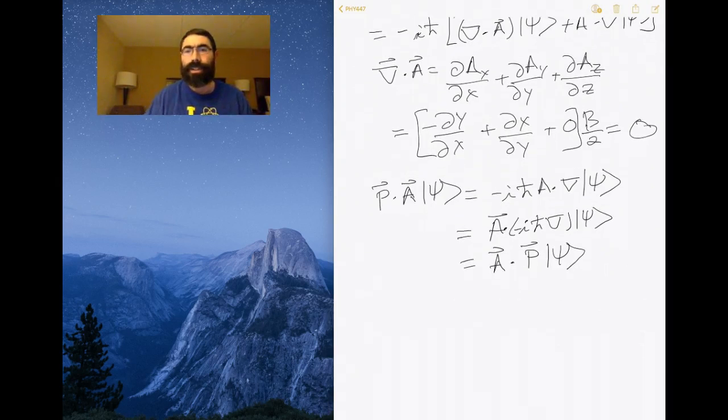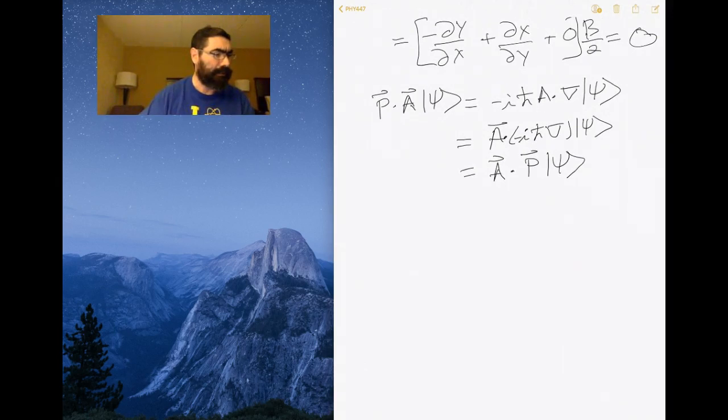So we initially broke it up into two operators because we weren't sure how these, P dot A and A dot P, were going to act, but it turns out that they're exactly the same. Basically, it commutes.